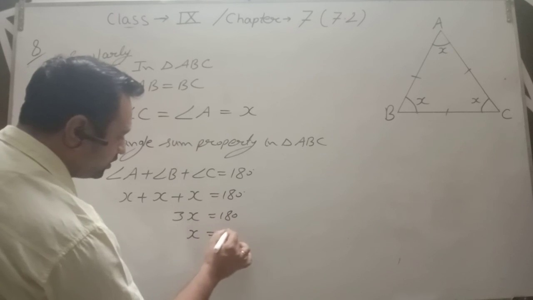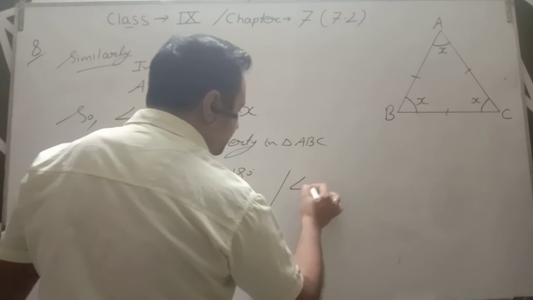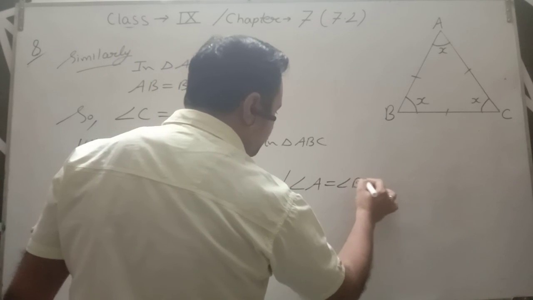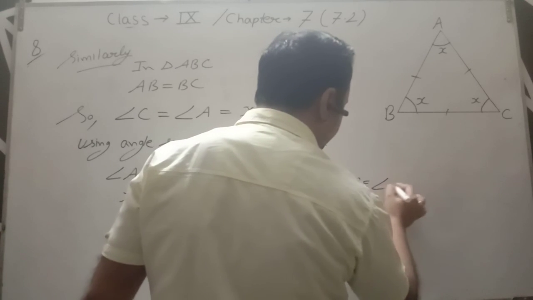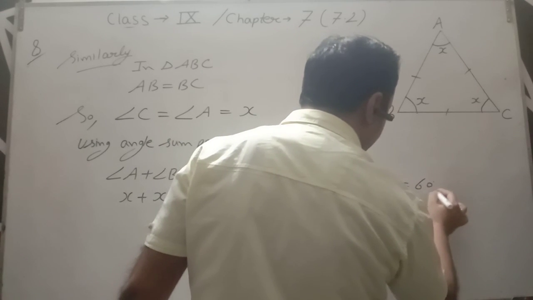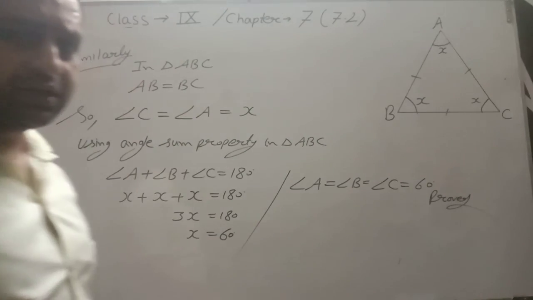So x is equal to 60 degrees. So finally angle A, angle B and angle C, each angle is 60 degrees. Proved. I hope the question is clear.